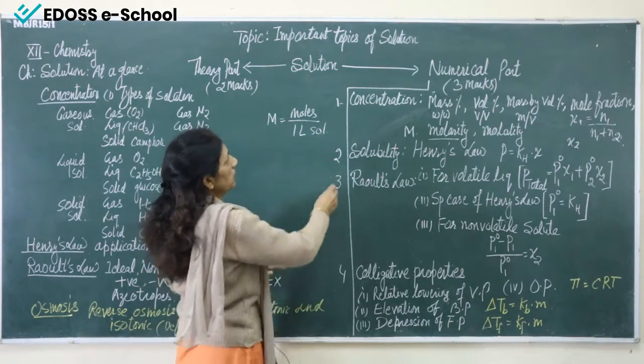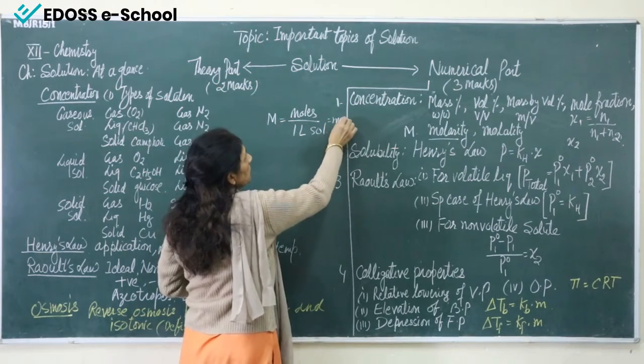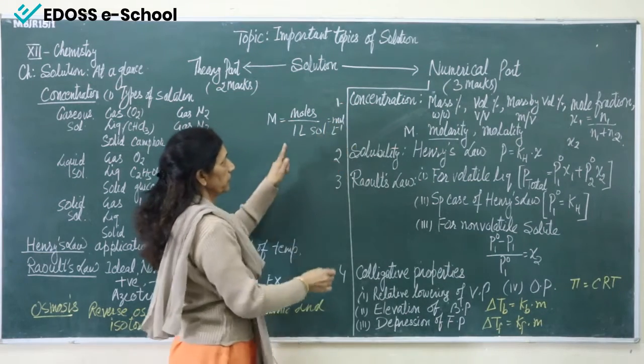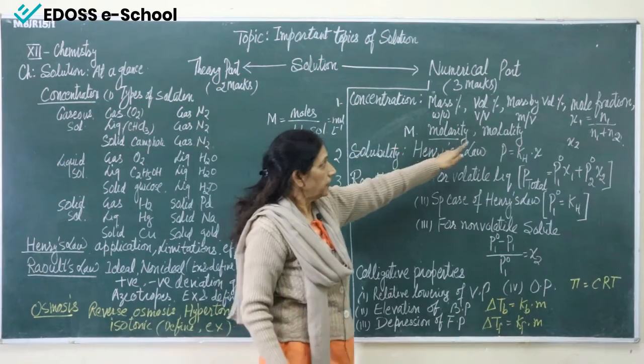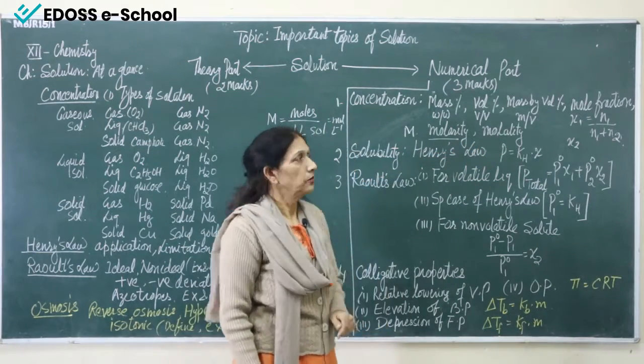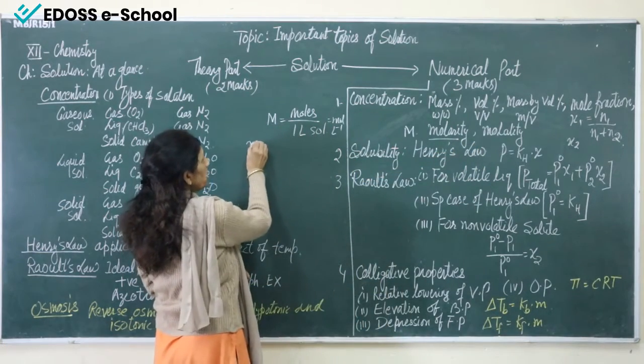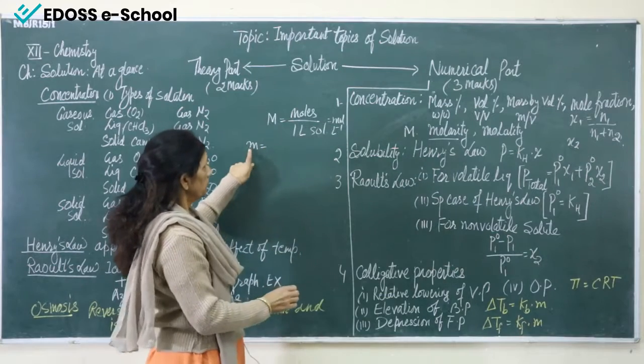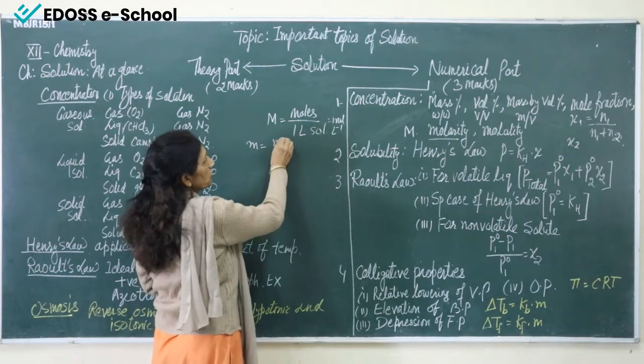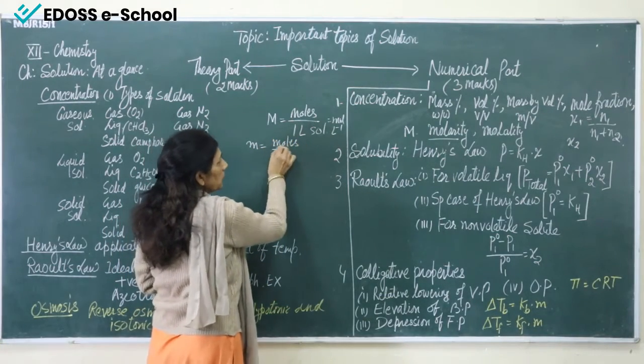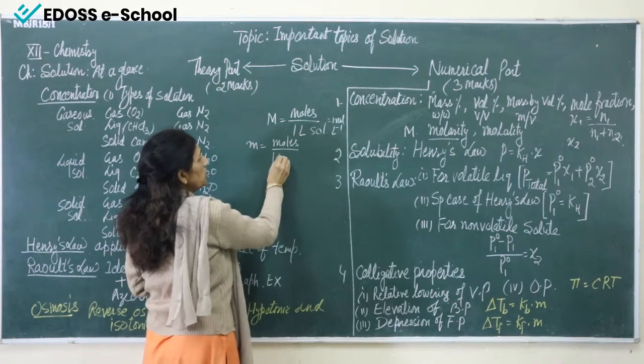So molarity is mole per liter. And another is molality. Molality is represented by small m. This is also number of moles in 1 kg solvent.